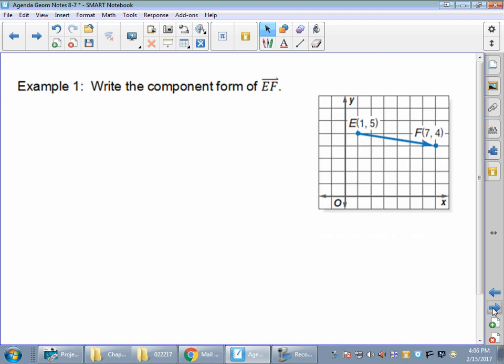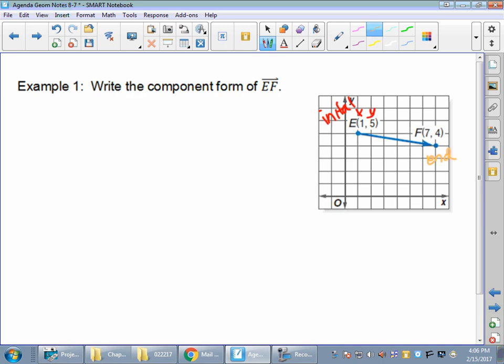So let's do some practice. Write the component form of vector EF. Notice this is not in standard position, because if it was, our point E would be on the origin, which it is not. So I know my two ordered pairs. E is my initial point, and that ordered pair is at 1, 5. F is my end point.